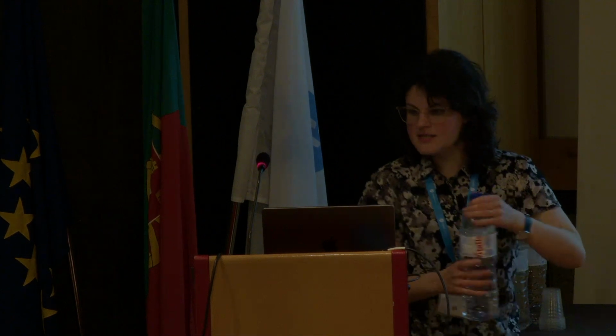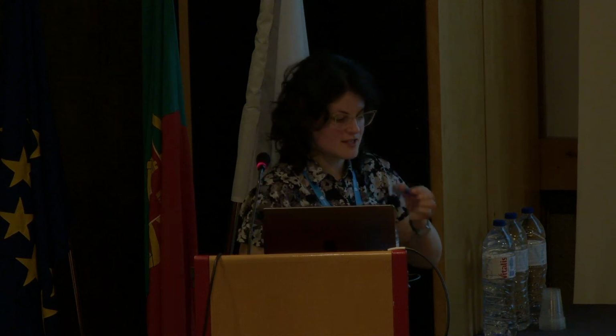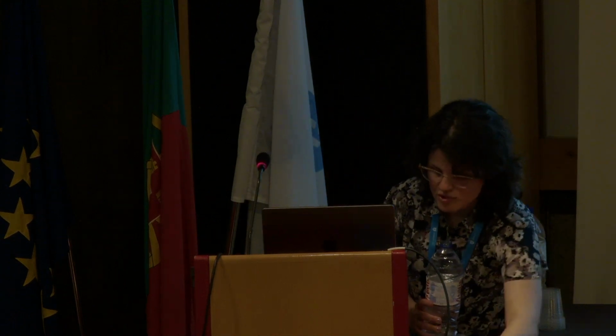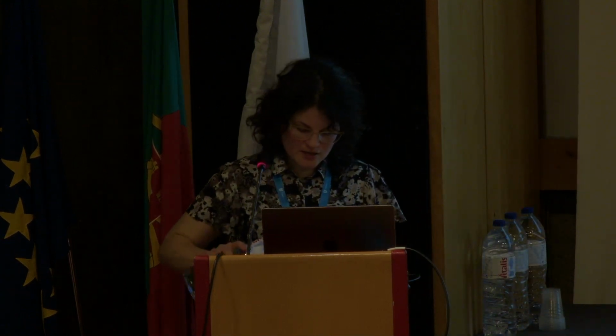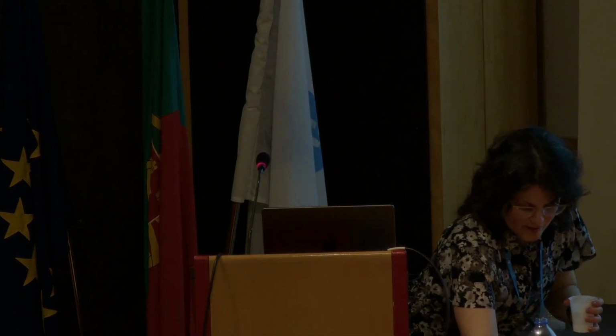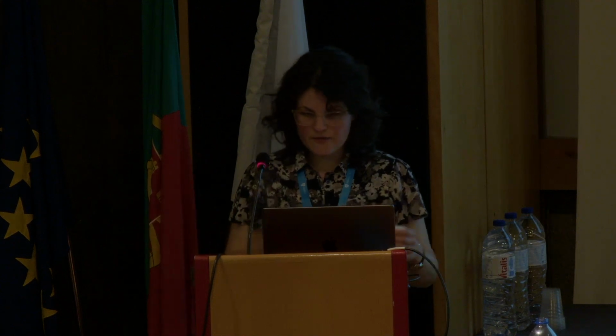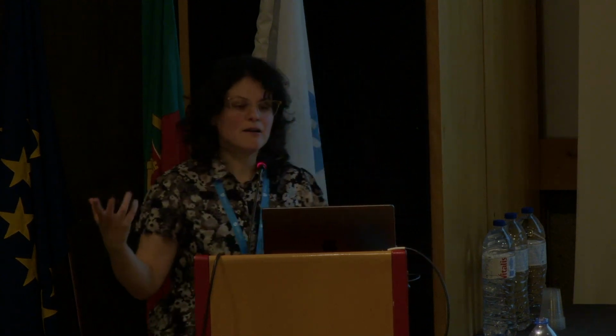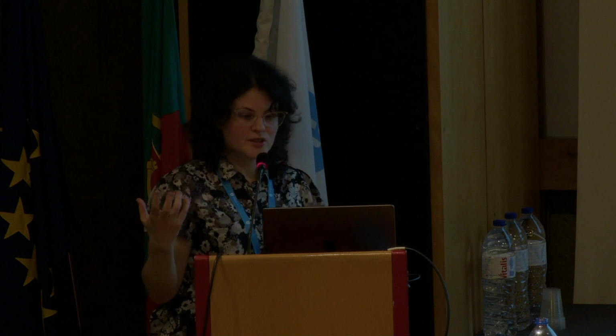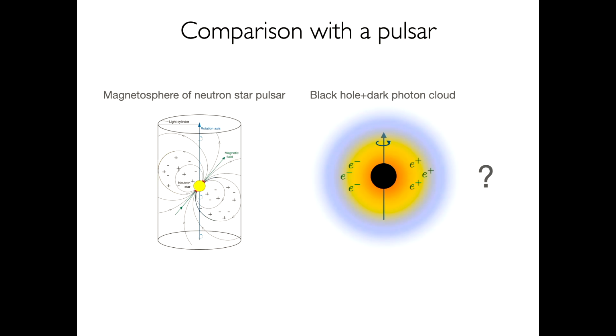So what happens once we have this charged plasma and these large electric and magnetic fields that are rotating around the black hole? That might start sounding kind of familiar to systems that we already have out there, which is a pulsar. A pulsar is an object which has a very large magnetic field that's held up by the neutron star.